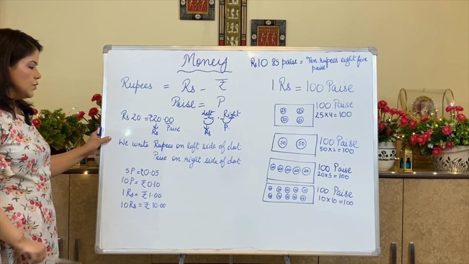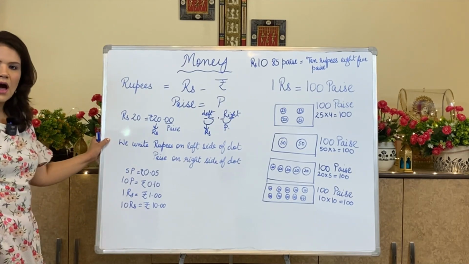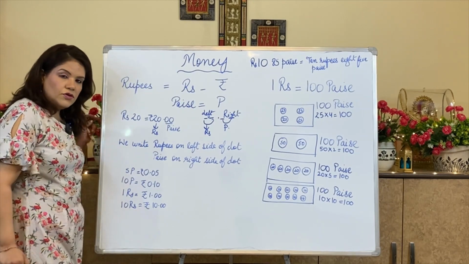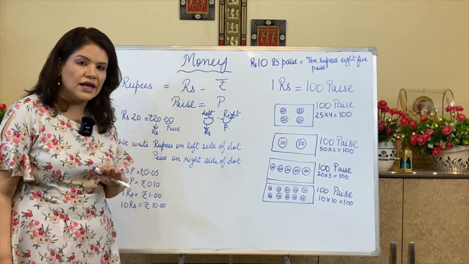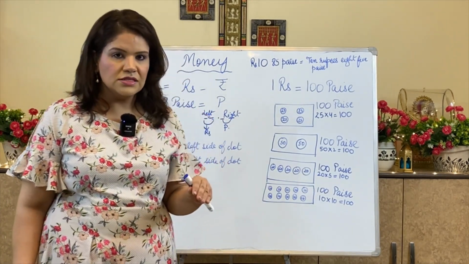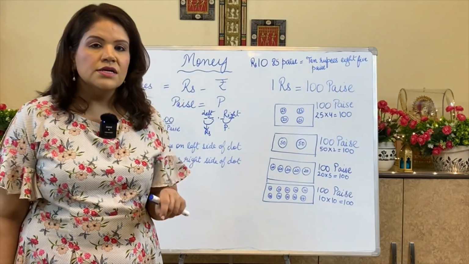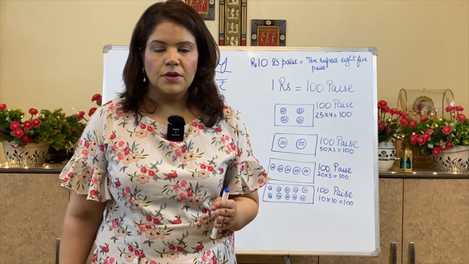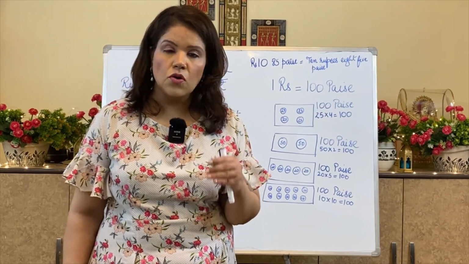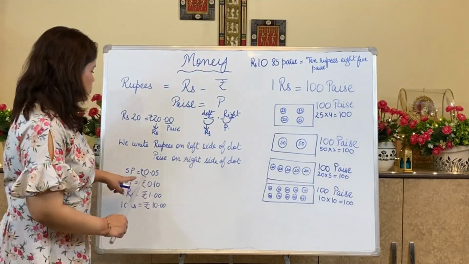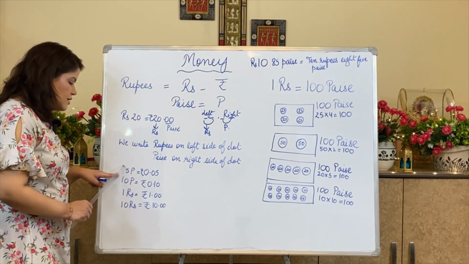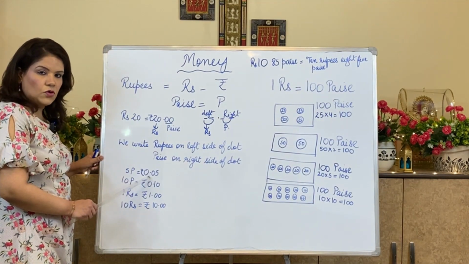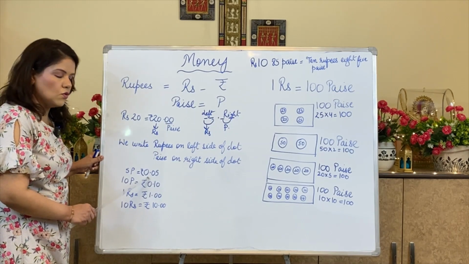If I want to write 5 paise, how will I write 5 paise? Again, in this I am not mentioning any rupees. So for rupees I will be writing 0. 5 is a 1 digit number, so when we write in 2 digits, I will write this 5 at this place, and before that I will write 0.